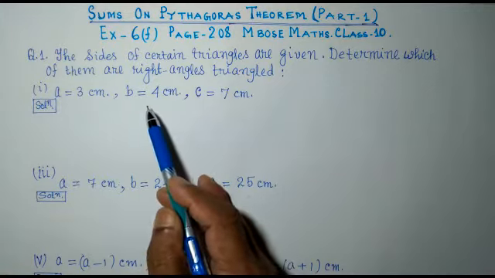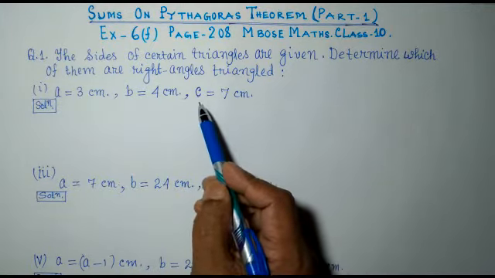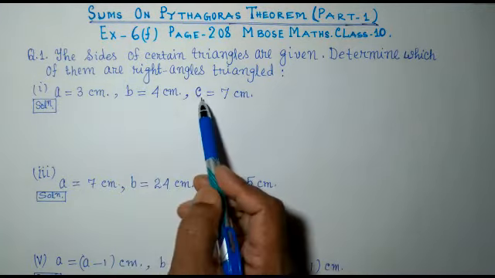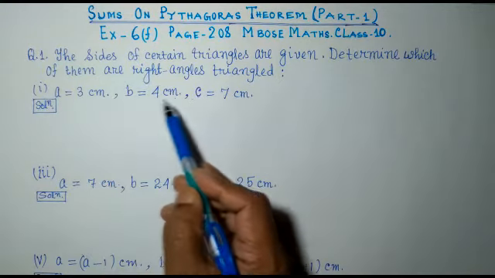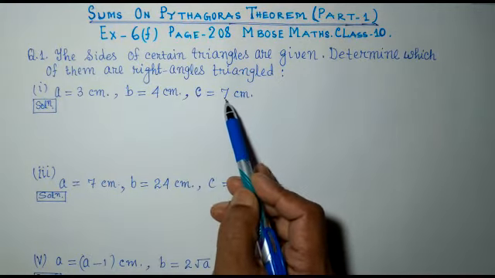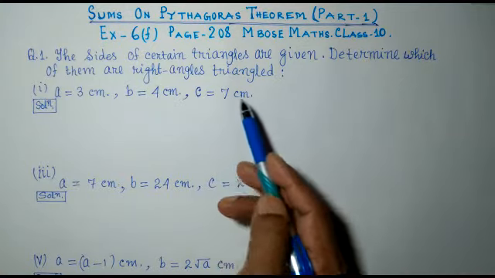So look at the longest side from A, B, C. We see A is 3 centimeter, B is 4 and C is 7. So the longest side is 7 centimeter. We will take the square of the longest side.